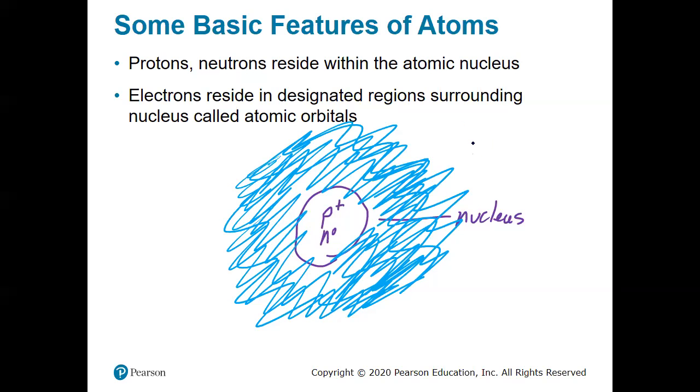In general, we call this the electron cloud. Within that electron cloud, there are specific places, think of them almost like houses, for those electrons to reside in. We call those atomic orbitals. So within this larger electron cloud, there are smaller regions that actually house the electrons that are called atomic orbitals.